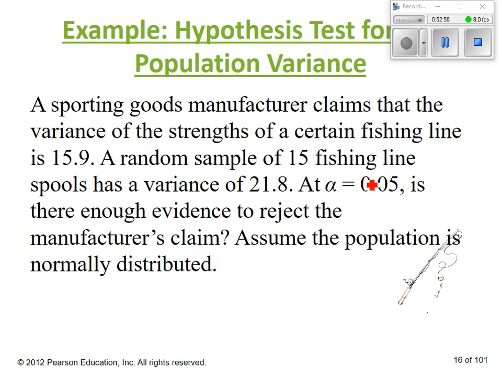With a 5% level of significance, then we look at the chart, and what's it say? There's not enough evidence to reject the claim that, what? The variance of the strength of certain fishing line is 15.9. So we're saying there's not enough evidence to reject the claim that the company made that the variance is 15.9.